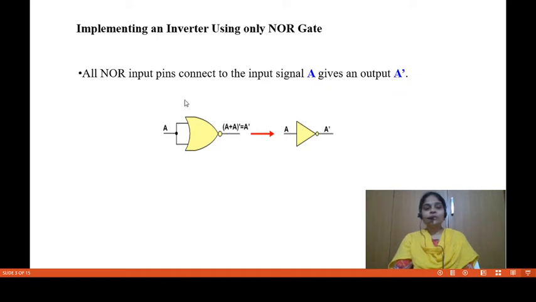Same as the NAND gate, for the NOR gate you give the same input A, and the expression for the NOR gate is A plus B whole complement. B is also A here, same input you are passing. So A plus A whole complement is equal to A complement. So the inverter gate output is A complement.